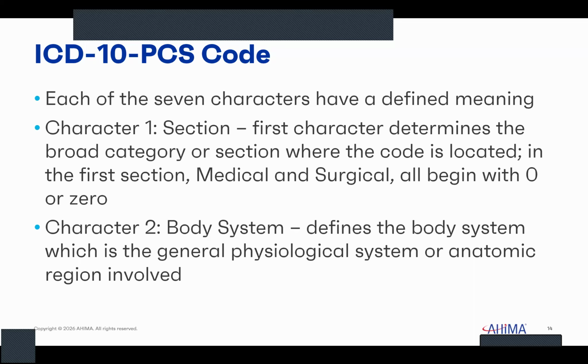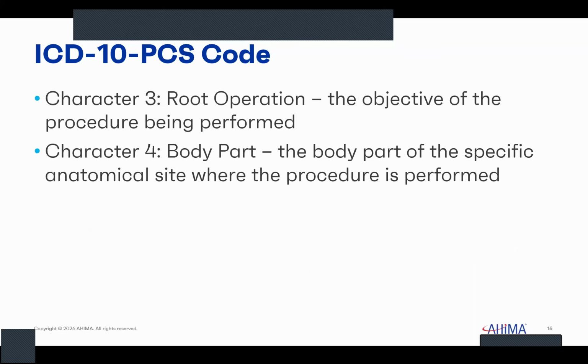So that's where we're going to go. And you'll be using this section a lot. And the body system defines the anatomical region, right? So in this case, it's D. And then the root operation, we already covered that. It's a resection.